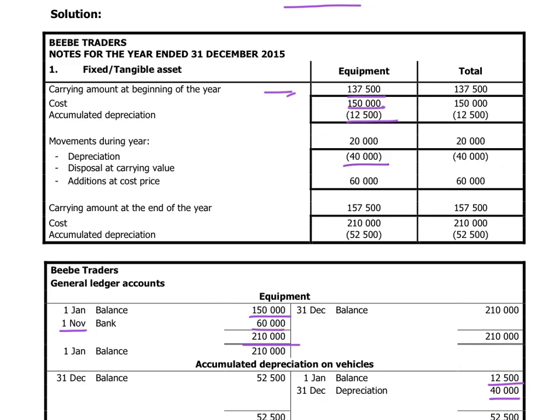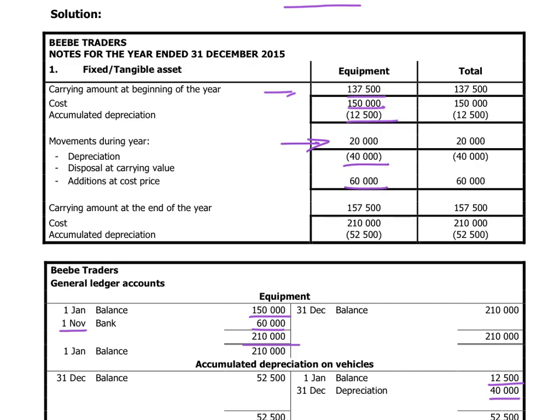This must be in brackets because depreciation reduces the value of your asset. We bought additional equipment for 60,000. That increases my asset, so that will be positive. If I deduct the 40 from the 60, the total movement is a positive 20,000.